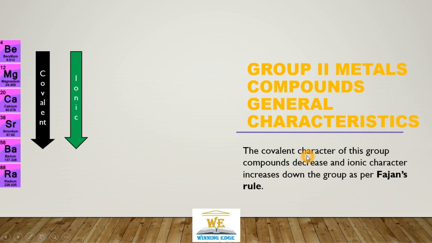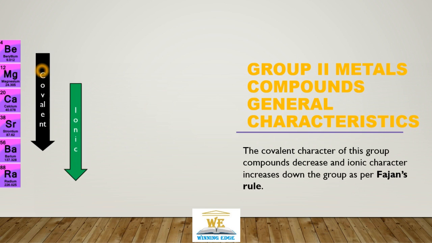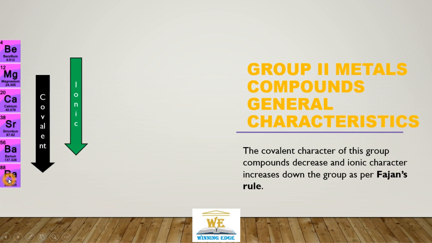The covalent character of this group's compounds decreases and ionic character increases down the group as per Fajan's rule. We know the smaller the size of the cation, the larger the size of the anion, the more will be the covalent character. But otherwise, if the cation size is large, ionic character will increase.